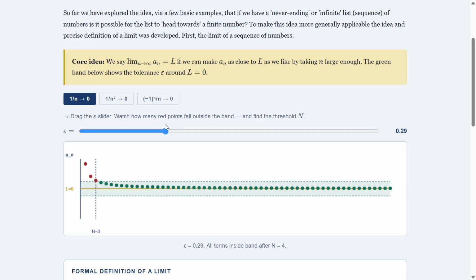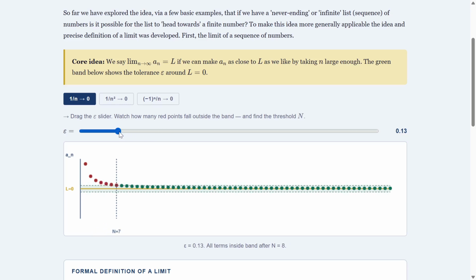If we make epsilon smaller, epsilon is how far away we're going to accept our number in the sequence from the limit, which we believe to be 0. So as we make it smaller, that region around our limit is getting tighter and tighter, and it's only the numbers after n equals 7 that fall within that boundary around our limit.